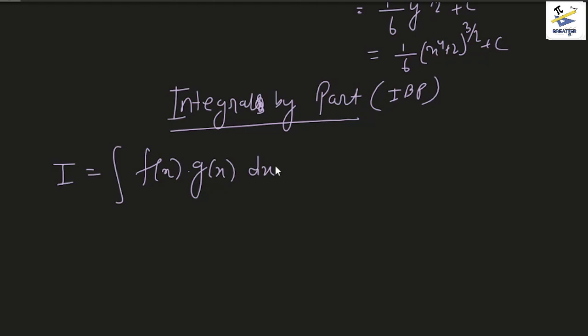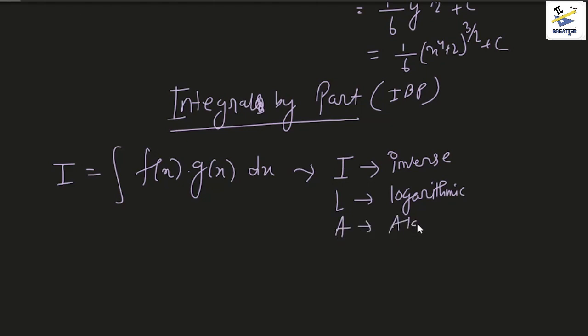As with derivatives, it does not give you a direct answer, but rather a newer integral which might be easier to solve, and we have a rule for it. The rule is called ILATE. I for inverse functions, L for logarithmic functions, A for algebraic functions.